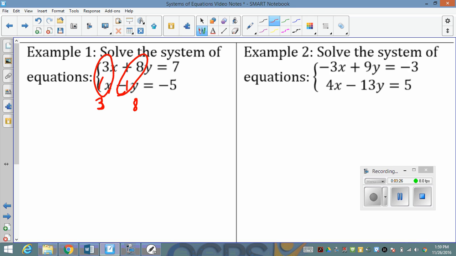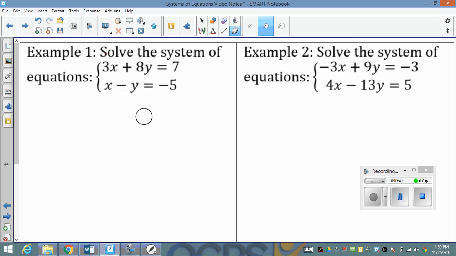So I can either eliminate the x by getting them to 3x and negative 3x, or I can eliminate the y by getting them to 8y and negative 8y. Since the y's already have a positive and negative, I'm going to choose to eliminate the y.